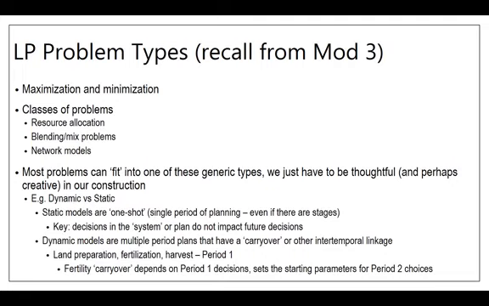At this point, I should note, in the classes of problems, it's very common to see dynamic versus static split apart. Static models, if you don't know, are one shot or a single period of planning. There could be stages, but the idea is you run through an entire production or planning cycle and then come up with the plan and do analysis. The key feature is once you've got the plan for the system, you don't have an impact or a carryover effect into future decisions.